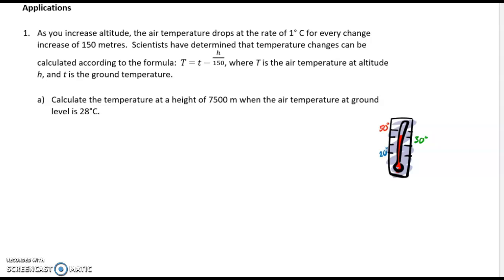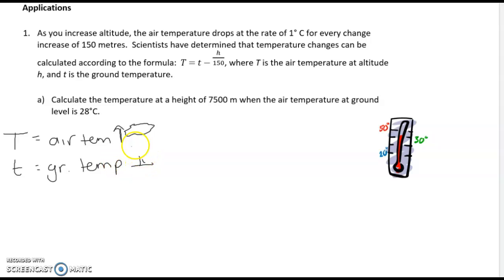Off to the side, I'm just going to write some of these down as a reminder. So we have capital T, that is air temp, and that's in the clouds. Then we have little t, which is the ground temperature.